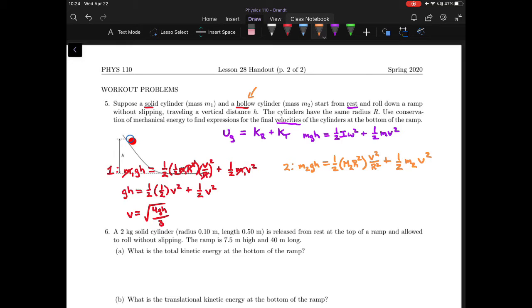If we go through and cancel everything, our masses are all going to cancel, those r squareds are going to cancel, and we just get left with gh equals 1/2 v squared plus 1/2 v squared. When we solve that out, we wind up with a velocity that equals the square root of gh. We have now found expressions for the final velocities for both of those cylinders at the bottom of the ramp.